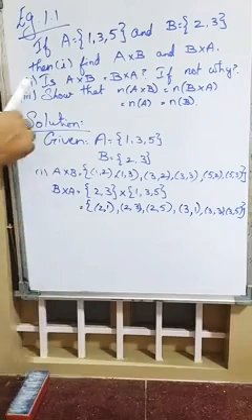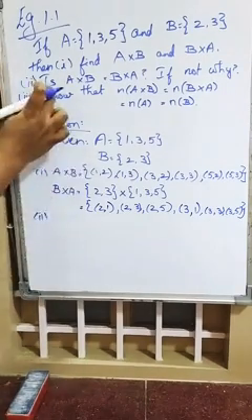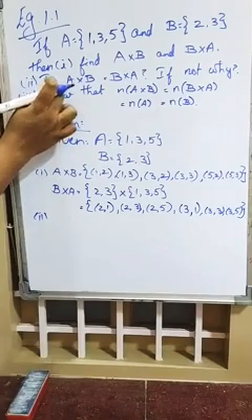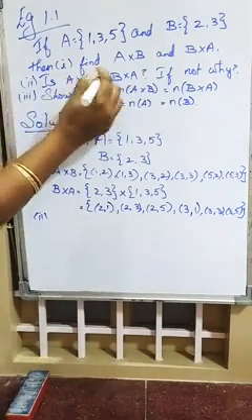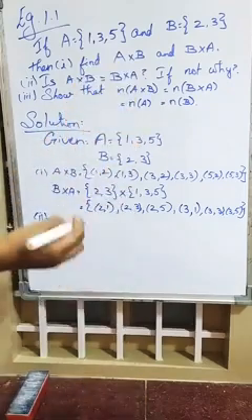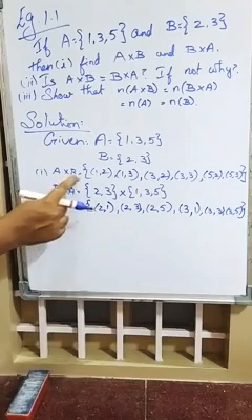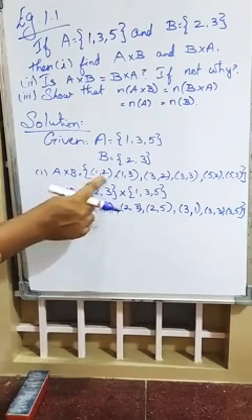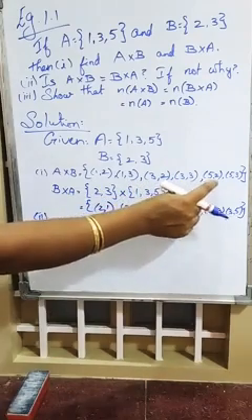Now see the second question. It is a yes or no question: is A cross B equal to B cross A? See the elements of A cross B have ordered pairs (1, 2), (1, 3), (3, 2), (3, 3), (5, 2), (5, 3).